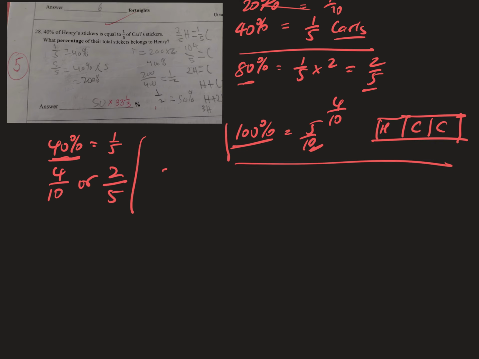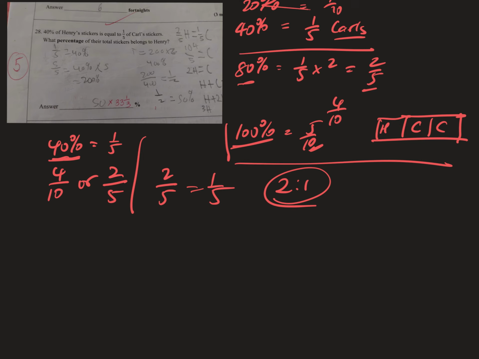So we get 2/5 is equal to 1/5. And if we multiply both of them by 5/1, we'll cancel them out and we'll still get the 2-to-1 ratio. So you see, Henry's stickers is equal to half of Carl's stickers.